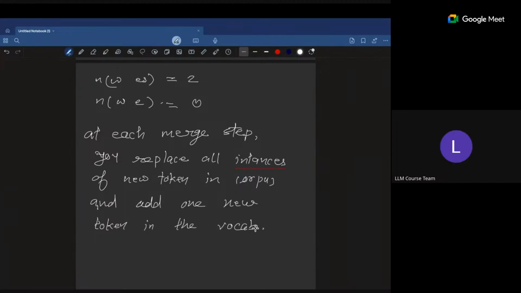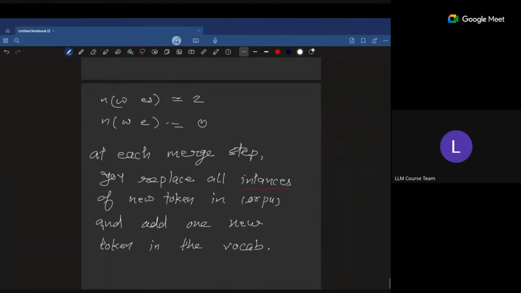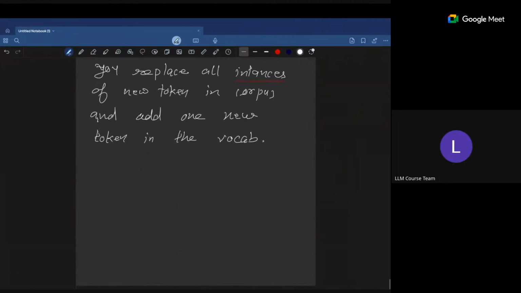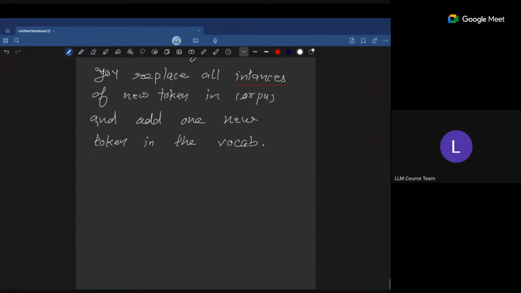This way you can keep on doing this until you get the desired vocab size, and you end up with the new vocabulary, right?